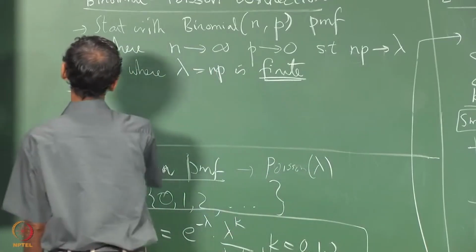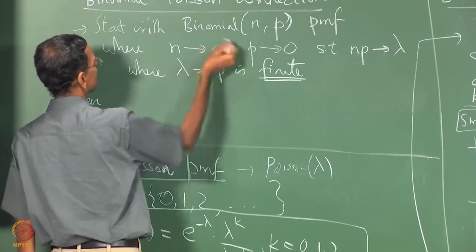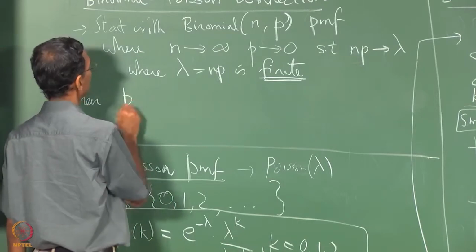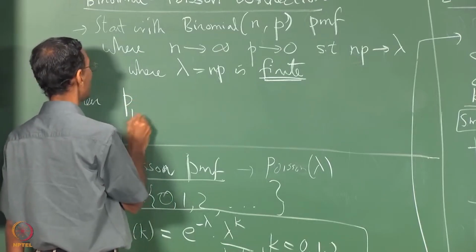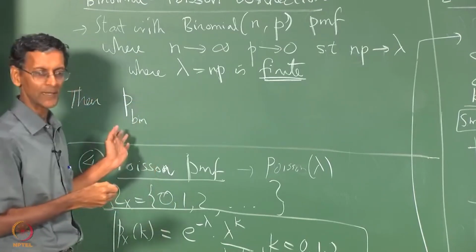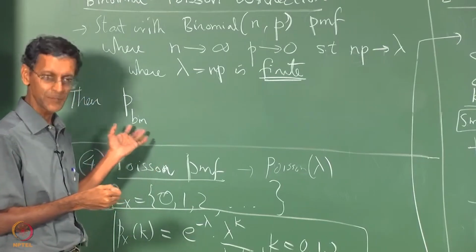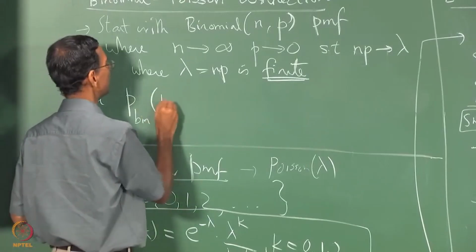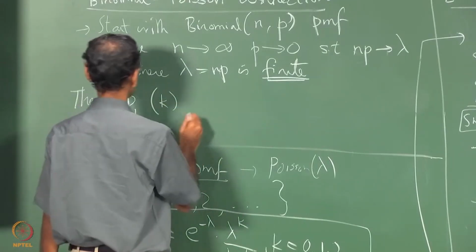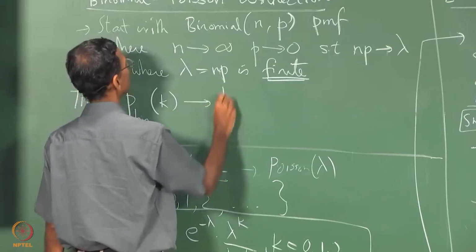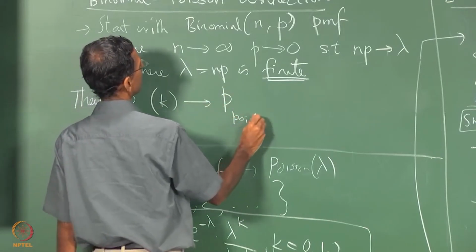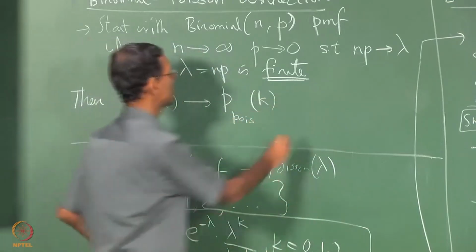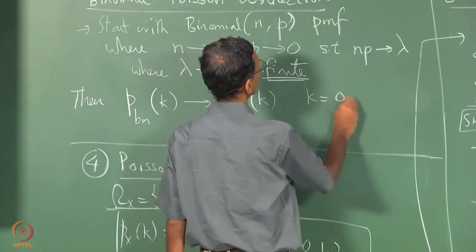Then this binomial PMF, if I say P binomial, now I am not going to put a subscript for a random variable, I just put the subscript corresponding to the PMF itself. P binomial of k tends to P Poisson of k for k equal to 0, 1, 2.